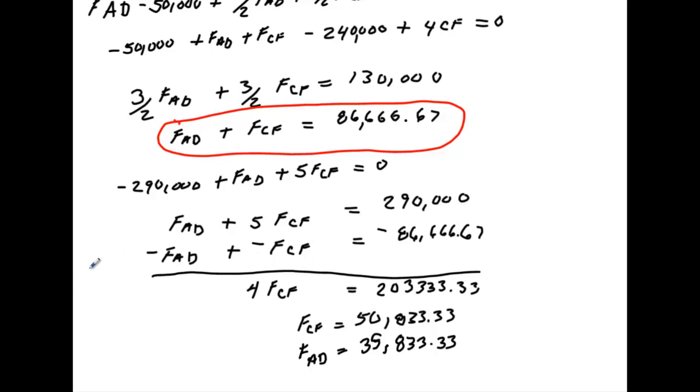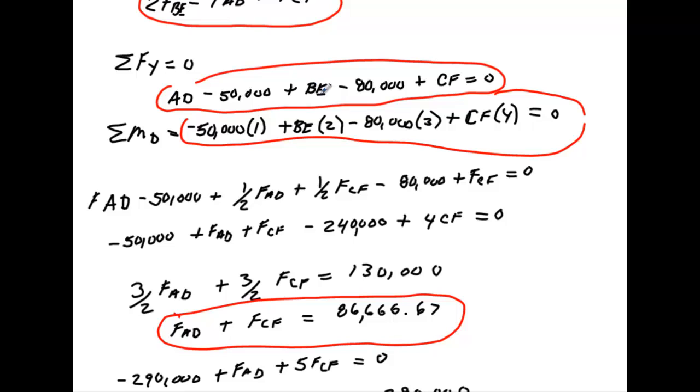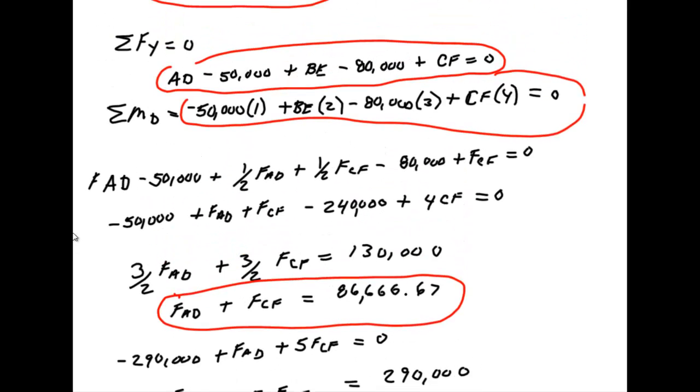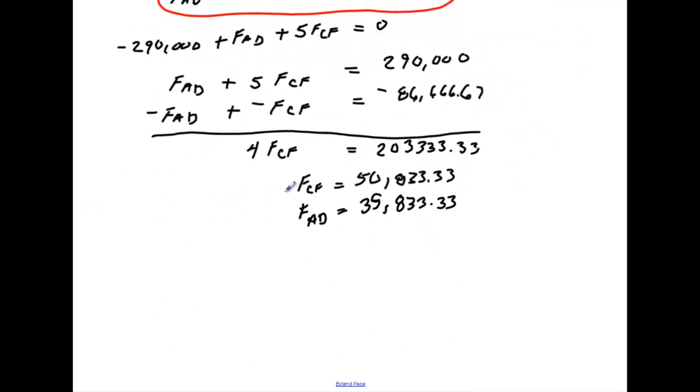To find the other force, what we would do is just go back up to the summation of forces equation right here. You would put in what you know from this one down here. Now we know AD and CF, so we can find BE here. If you just put those values back in, I think you'll find that the force of BE is going to equal 43,333.33.